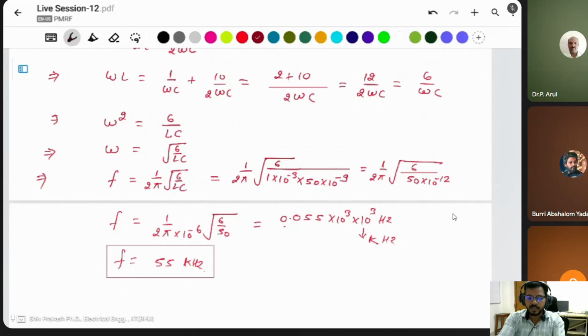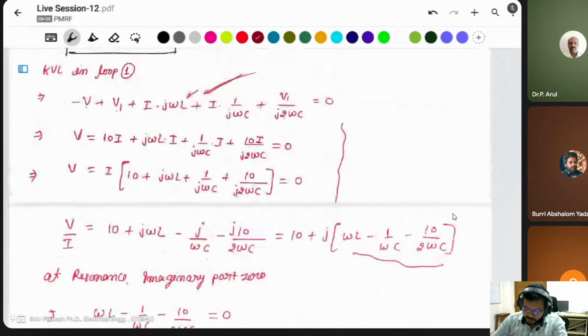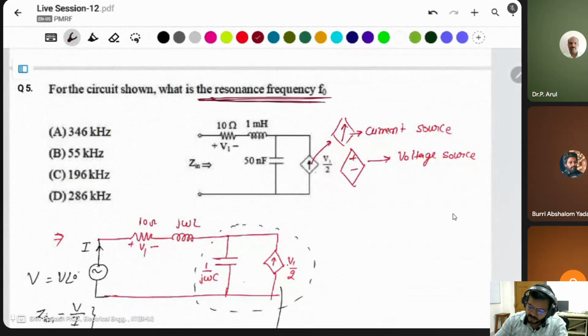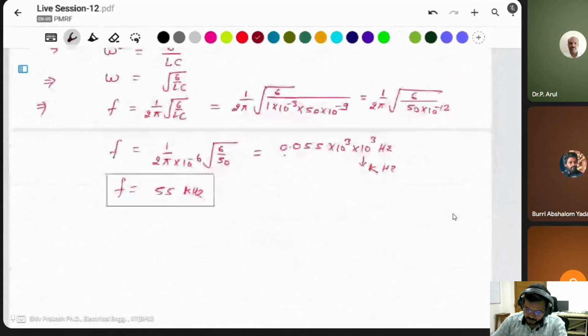Many questions will be similar, but not with the exact values. This type of question, asking for the resonance frequency, may come, one or two questions from this. Resonance frequency and Thevenin impedance are common questions and may be asked. Thank you, sir.